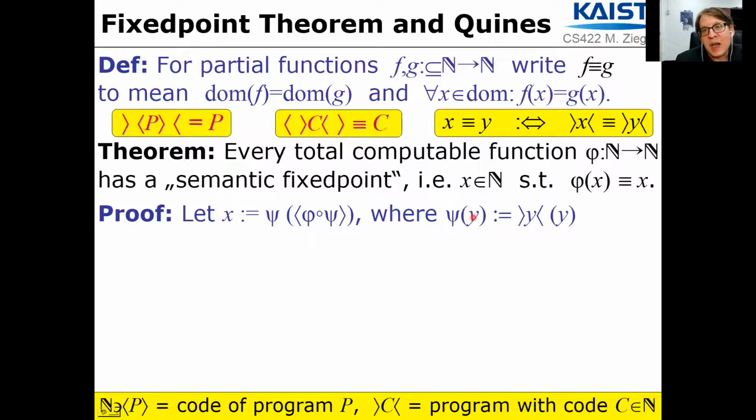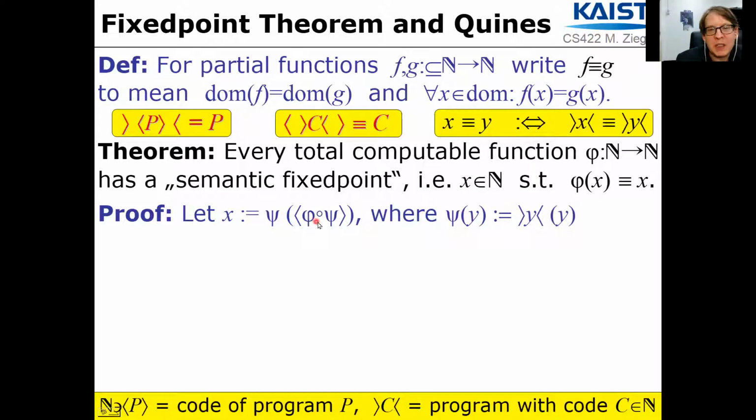Remember that y, as a natural number, may well not represent a program at all, and we're going to get to that point in 5 minutes. But first, for simplicity, let's suppose that y is just such that this is defined.